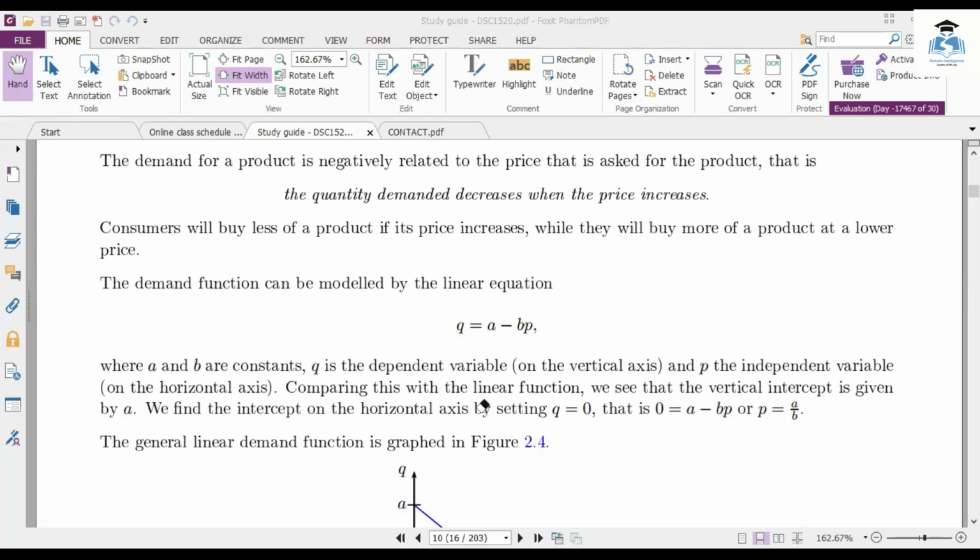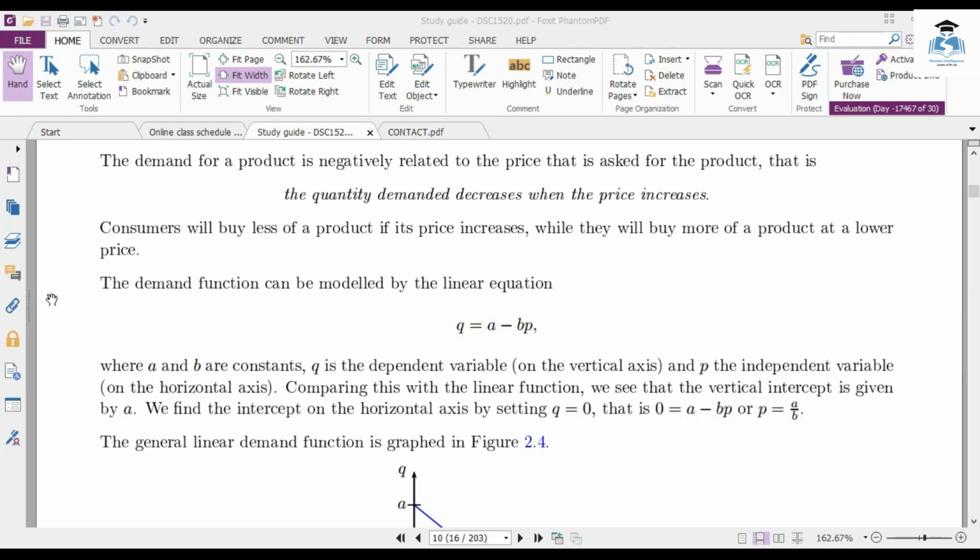So comparing this with the linear function, we see that the vertical intercept is given by A. We find the intercept on the horizontal axis by setting Q equals 0. That is 0 equals A minus BP, or P equals A over B. All right.